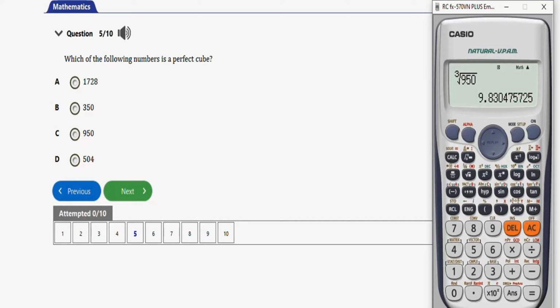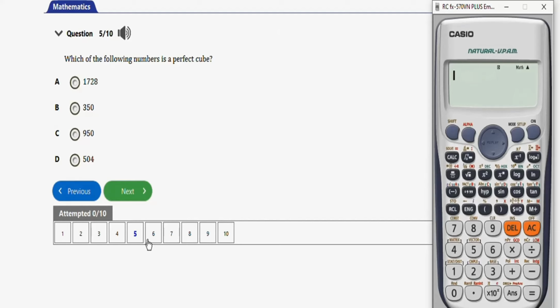That's what a perfect cube means in this question. 1728 equals 12 cubed. In other words, when you do 12 times 12 times 12, you get back to option A. So that's it for this question.